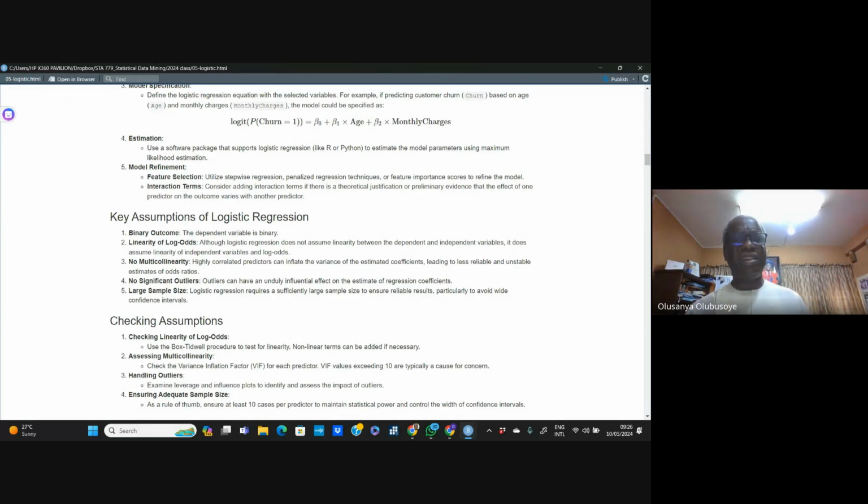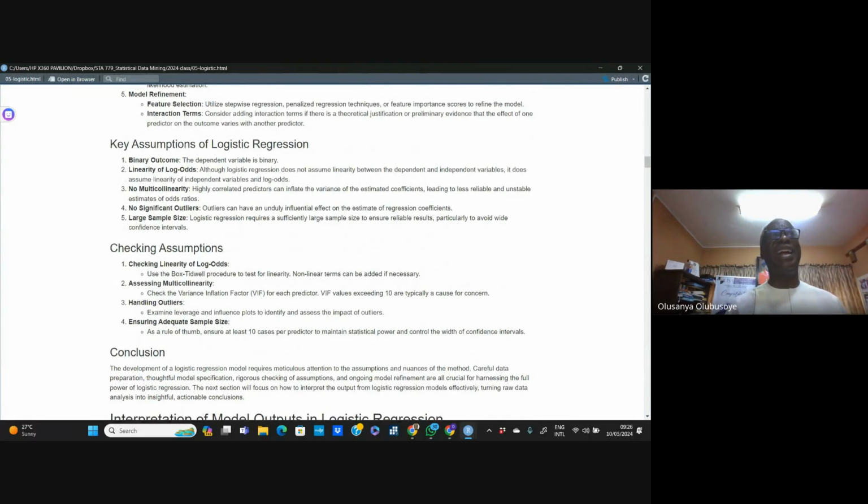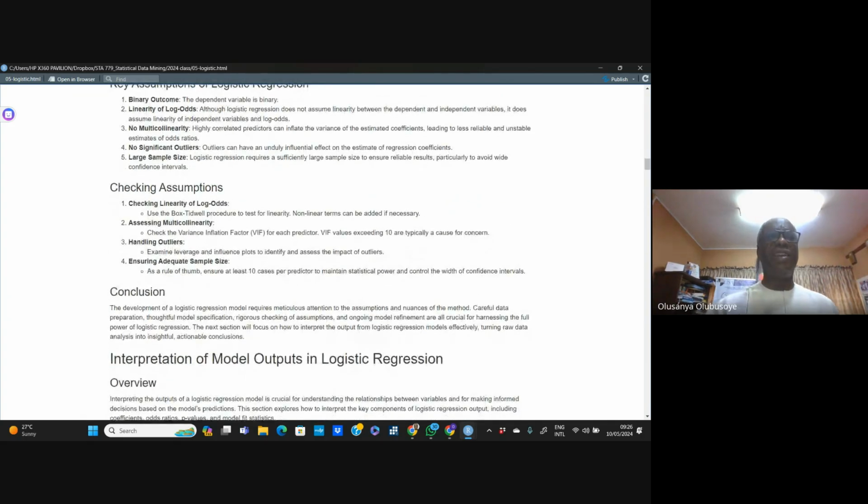Then we need a sufficiently large sample size to ensure reliable results. These are assumptions which you must ensure are well satisfied.